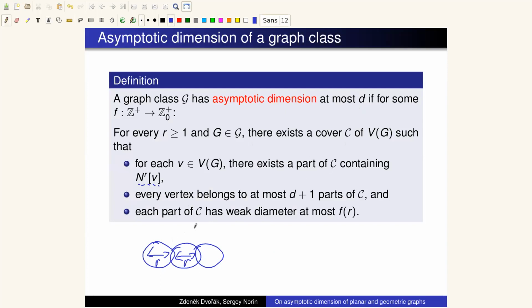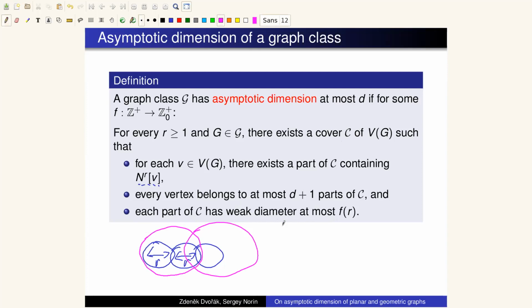We could write it here with some arbitrary cover, but we can just consider the cover consisting of all the R-balls of our graph. So each of them must be contained in at least one set of this cover. This cover must be bounded.